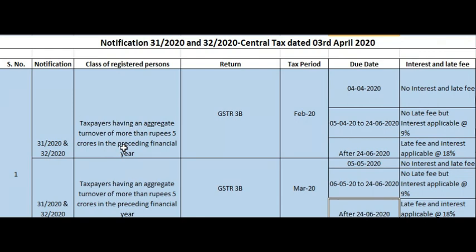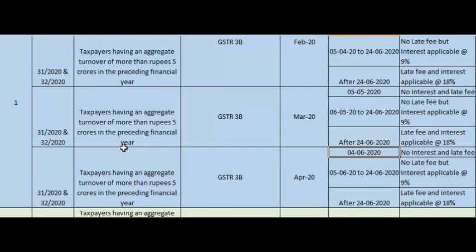If the GSTR 3B is filed after 24th of June 2020, then both late fee and interest shall be applicable. And it is important to note that if the GSTR 3B is filed after the last dates given in the notification, late fee shall be levied from the day after the original due date till the date on which the GSTR 3B is actually filed.